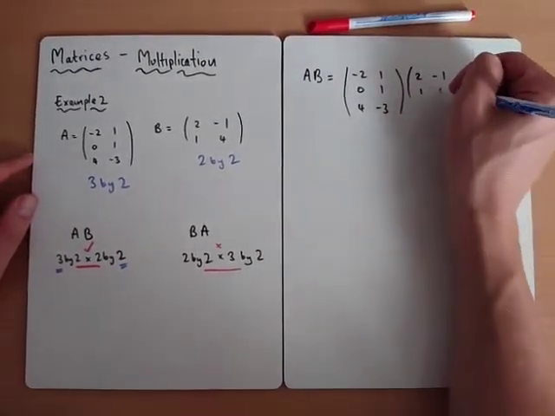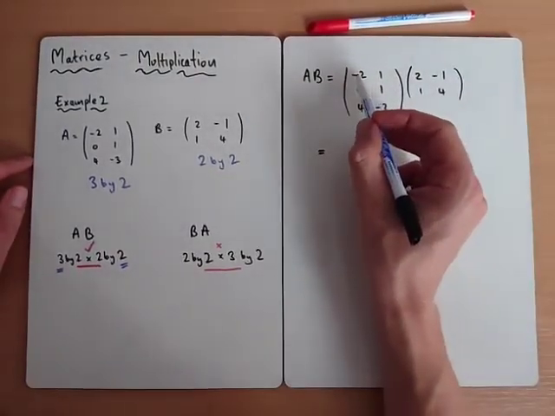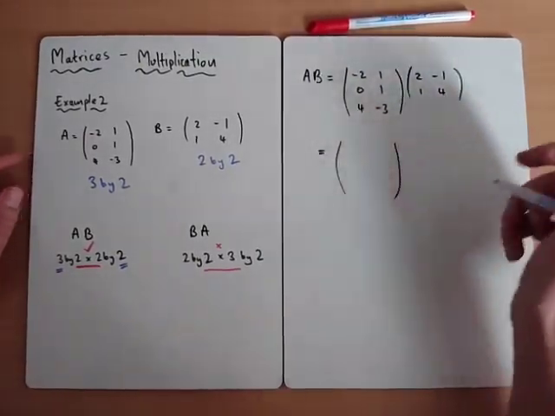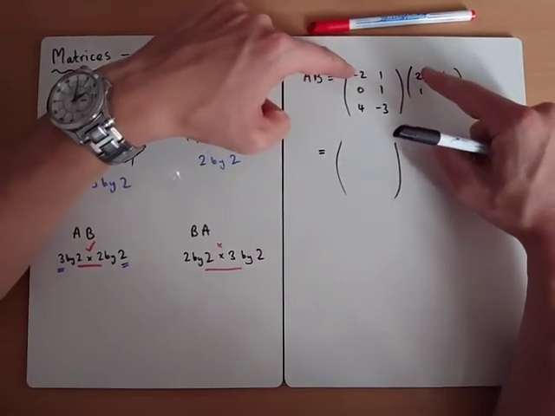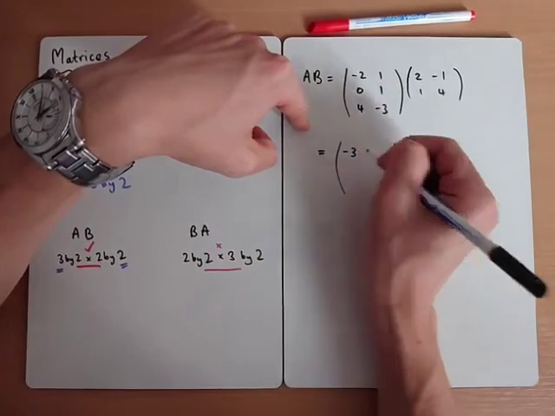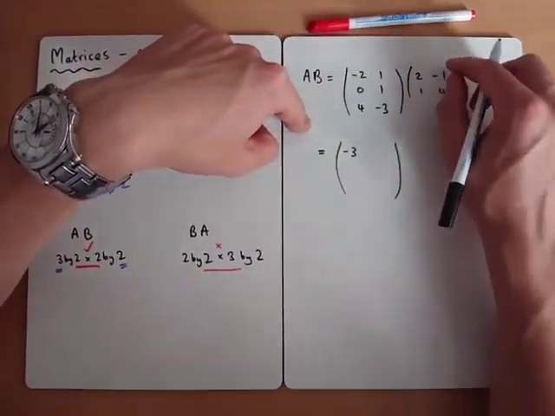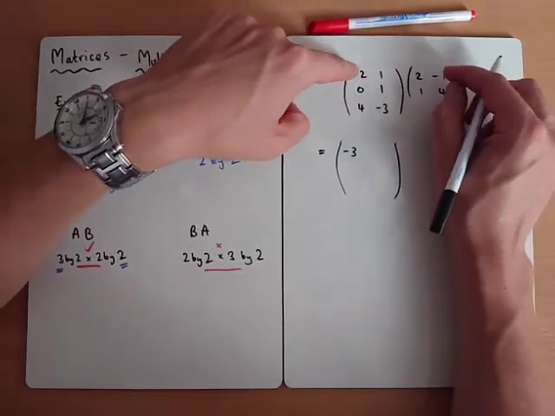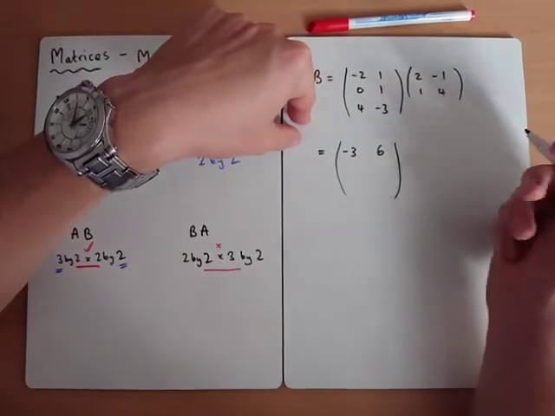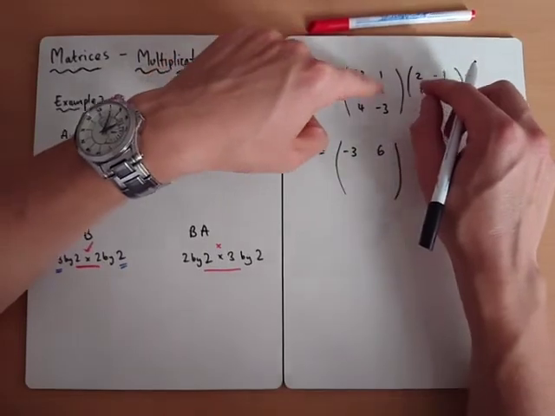2 minus 1, 1, 4. Remember, we multiply rows by columns, so first row, first column. So that would give me minus 4 plus 1. Okay, rows by columns, rows by columns. So now we've got plus 2 plus 4. Okay, so now we'll do the second row, first column, 0 plus 1.